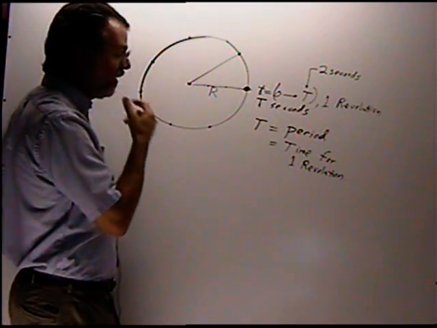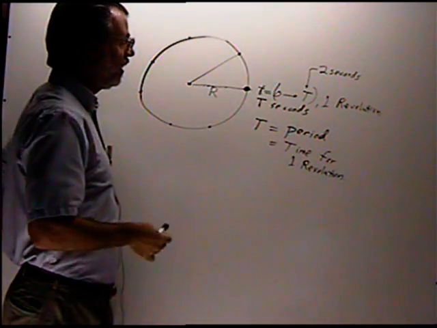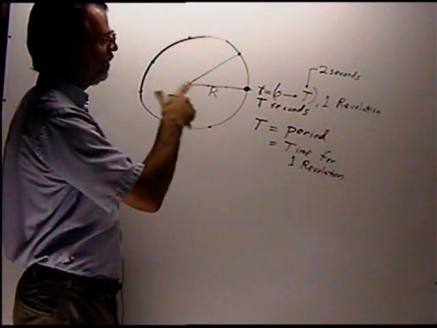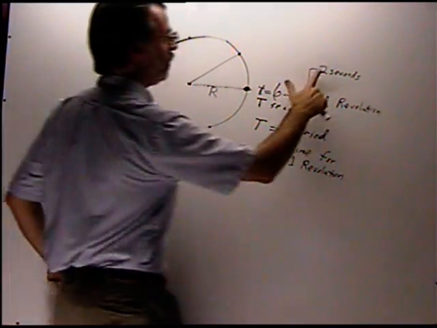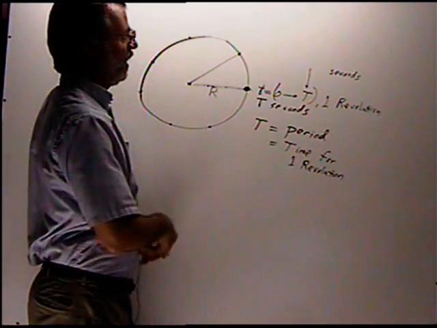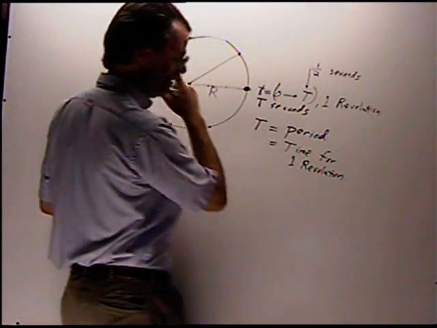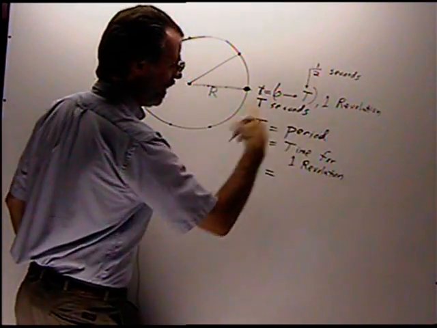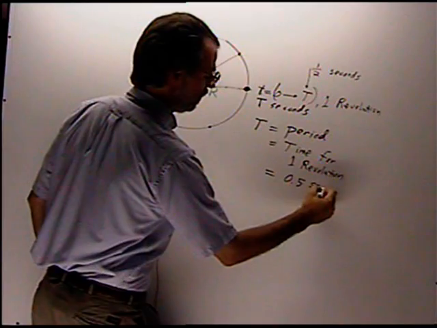Now, let's say you take this rock and spin it faster. I'm going to change the period. Let's say the period now is 1/2 a second, so it makes one revolution every 1/2 a second.